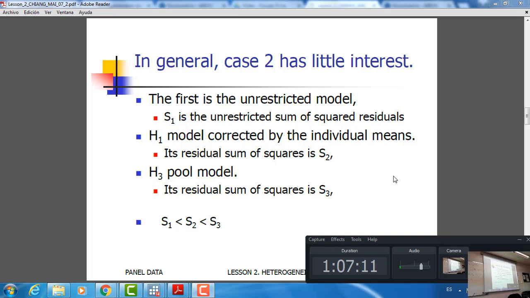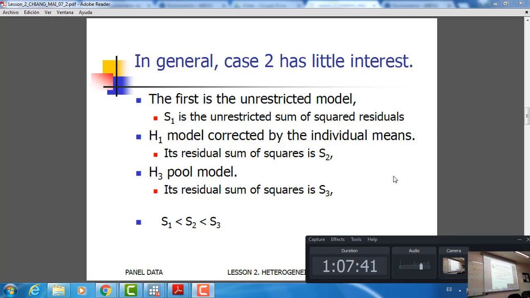Okay. Now, assume this is going to be the sum square residuals here. Let's call them sum square residuals 1, sum square residuals 2, sum square residuals 3, sum square residuals 4.